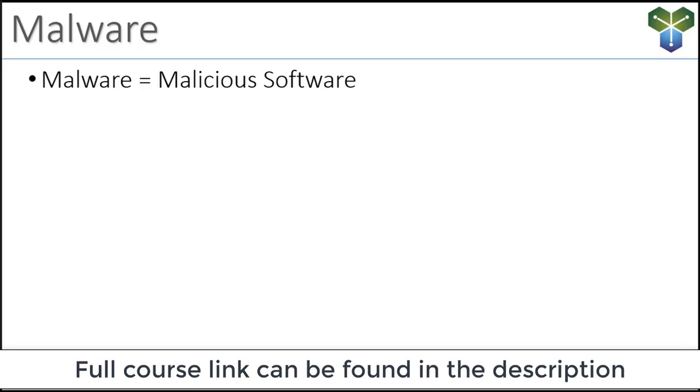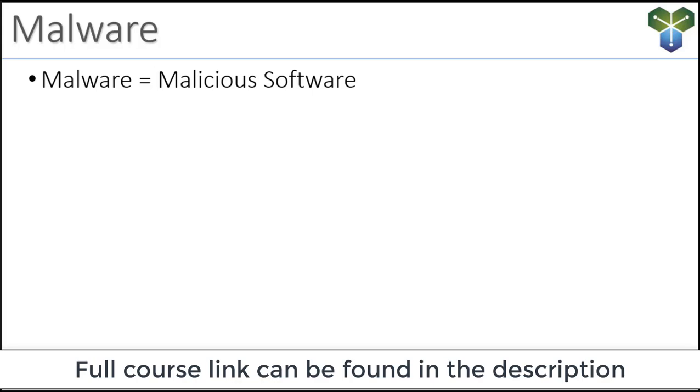And usually malware is delivered through email attachments or malicious websites. And once it's installed, it can execute different harmful activities like stealing data or encrypting your files or monitoring user activity or giving remote control over a system.